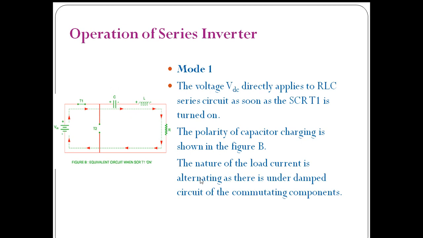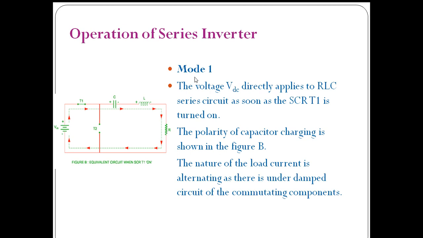The nature of the load current is alternating, as there is an underdamped circuit of the commutating components. Here the load current is alternating because we are choosing RLC such that it forms an underdamped circuit.